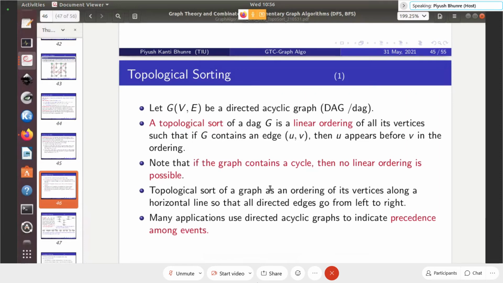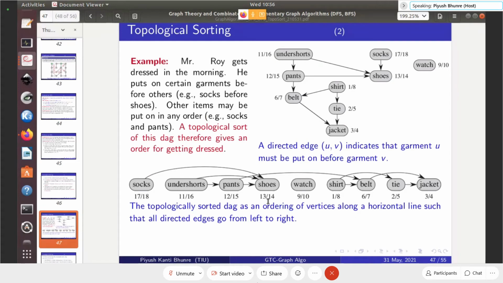Here is an example that I took from the reference book, about wearing different dresses in the morning. It can be under shorts, pants, belt, shirt, tie, jacket, socks, shoes, watch. This arrow says that socks have to be worn before the shoes, and watch is independent, so there is no dependency of wearing the watch on any other part.